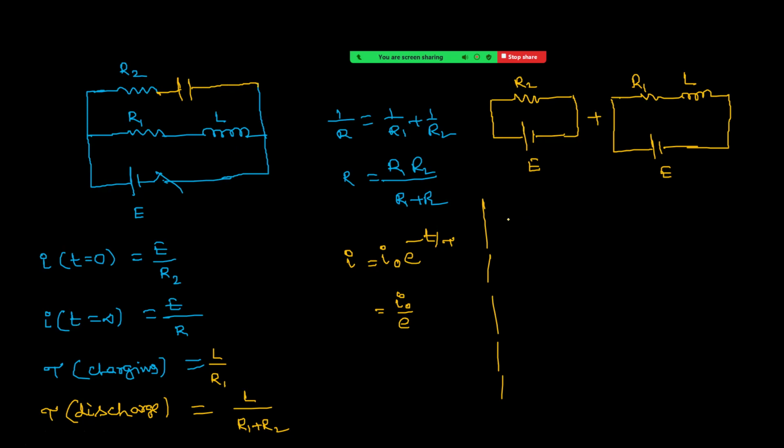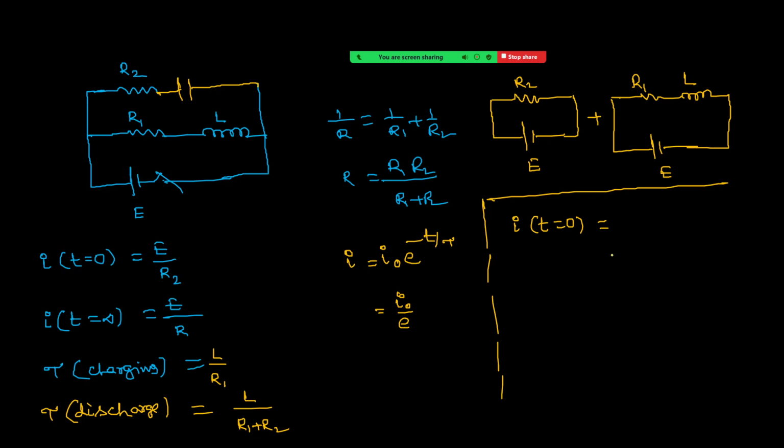Now in this circuit, see carefully, one switch is closed. Just after closing, first condition, assume that the capacitor was initially uncharged. Just after closing, the inductor is acting as an insulator, but the capacitor is acting as a conducting wire.